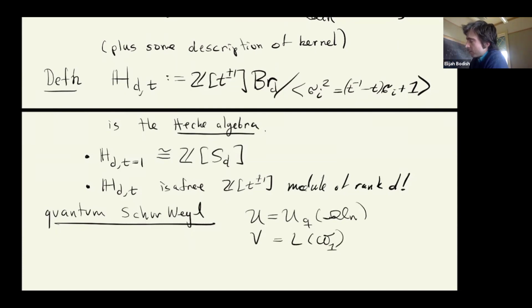So this is the quantum version of the vector representation. I can take V and tensor it with itself D times. This is the analog of C^n tensor D above.